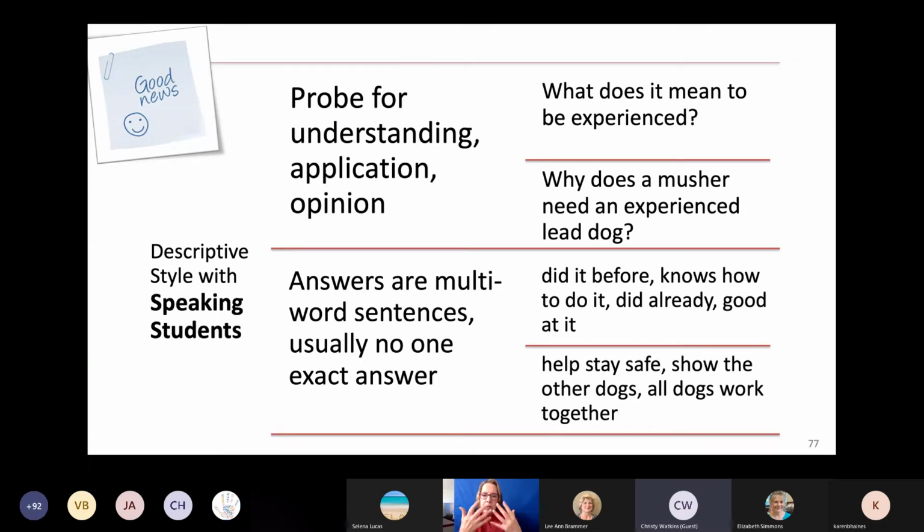And what comes from the speaking kids is they give more than one word answers. They can give their opinions and put together 2 or 3 or 4 words. There's no one exact answer. You're really figuring out, what did the kid learn? And when people say to me, this kid just keeps only talking with one word, I go and observe in the class and say, that's because you're stuck on referential teaching.